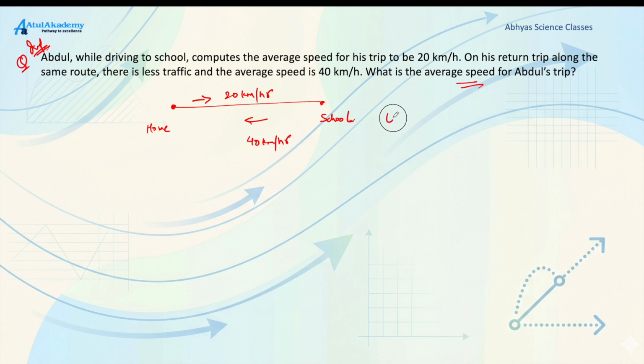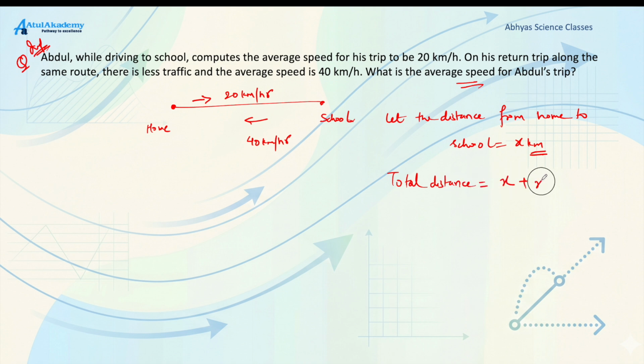Now let the distance from home to school be x kilometers. So what will be the total distance traveled by him? x he goes to school, x he comes back home. So x plus x is 2x kilometers, right? Now how do I get the total time?